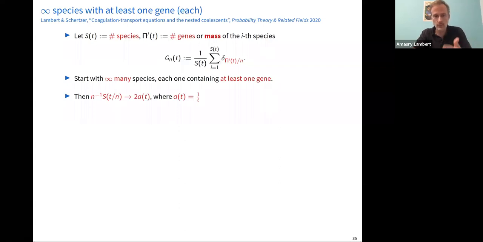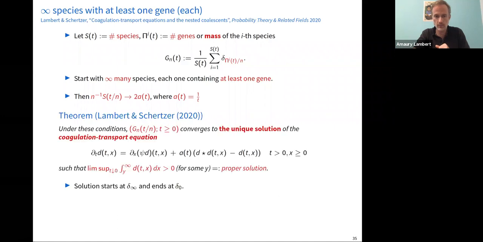Then you know that the behavior at small time of S is basically 2 over t. It's the number of species undergoing the Kingman coalescent. And the result that we got with Emmanuel this year is that under these conditions, Gn at times t over N converges to the unique solution of the coagulation transport equation that I just showed you in the previous slide, such that there is some mass initially in time, let's say above some threshold y, okay?